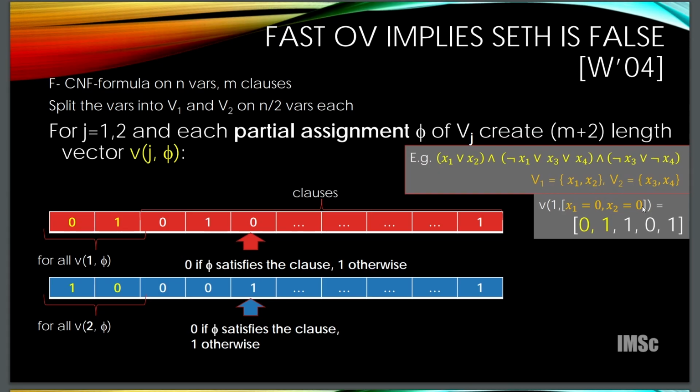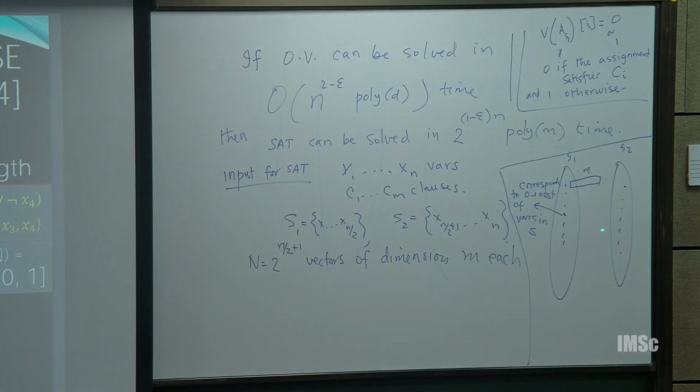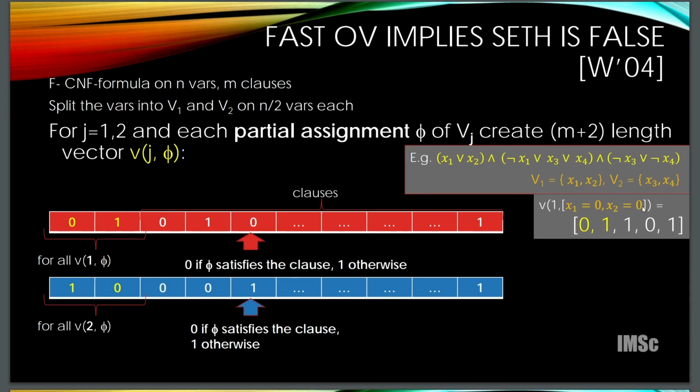It is a satisfying assignment if for all the clauses either that set of variables should satisfy or this set of variables should satisfy, and when I am satisfying I am putting 0. So, either this should be 0 or that should be 0 for all the clauses, right. So, that means that pair of vectors will be orthogonal to each other, because in each dimension one of them is 0, either this is 0 or that is 0.